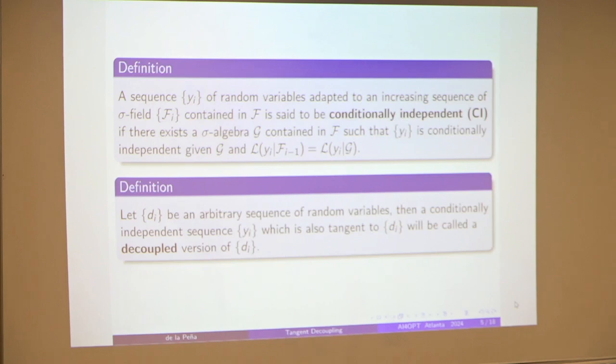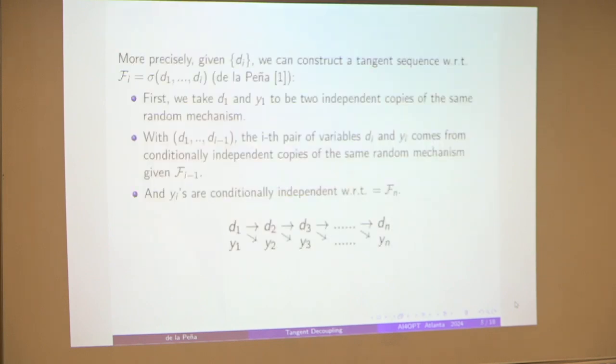Let me see if I have the picture. Okay, good. So I showed you this picture before. You see, this is a sequence of arbitrarily dependent variables. And from this, you construct the y_i's with the property that the y_i's are conditionally independent given the d's, so that G is the sigma field generated by the d's.